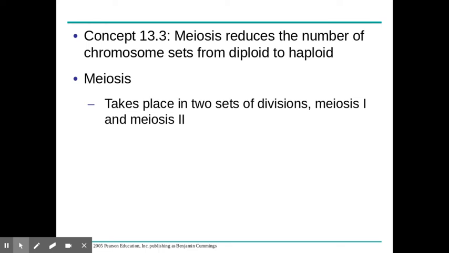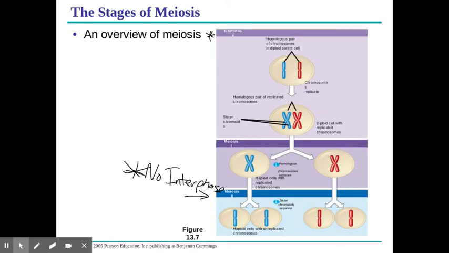You can create 4 haploid cells in the end. Many steps will resemble mitosis, so the steps of this will look very similar, and that I think should help you at least remember what's going on here. But there's going to be a couple key differences.